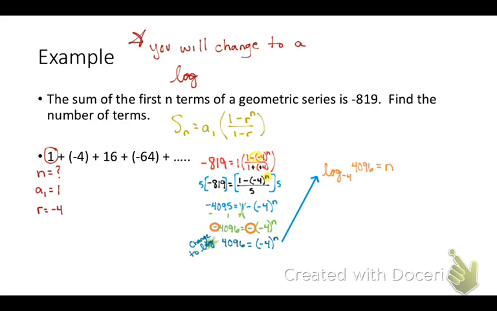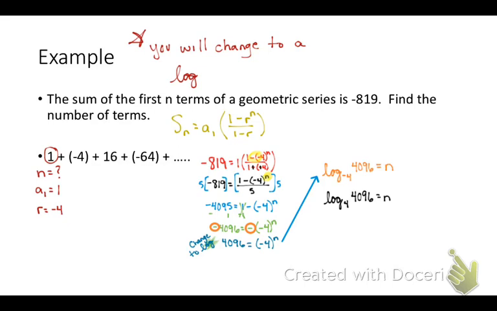So in this case, does it really matter if it's a positive 4 or a negative 4 that keeps getting multiplied? Like, in this case, can we just change this to log base 4 of 4,096? Yeah, right?